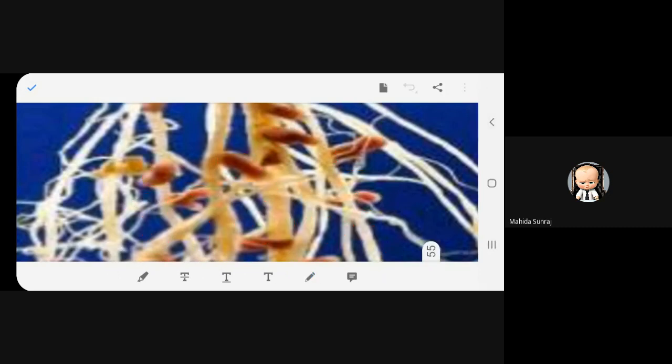What is the relationship of this bacteria with the plant? Can you tell me, beta? What is the relationship name called? No idea?